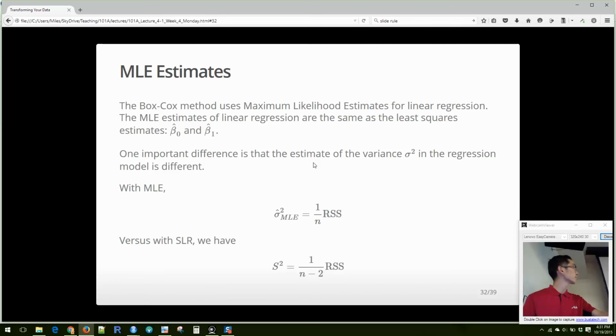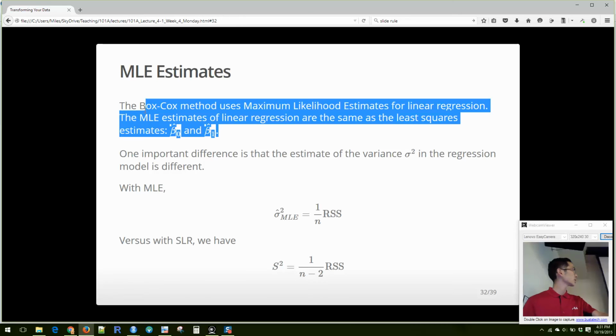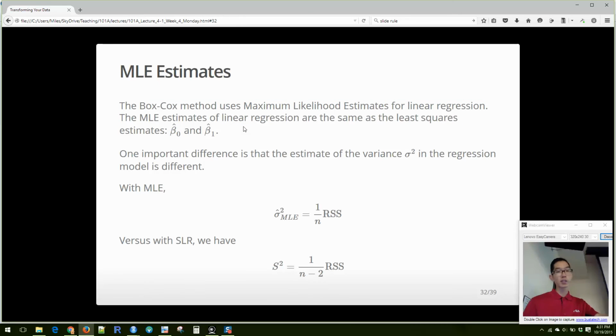Okay. It uses MLE estimates for it, and with maximum likelihood estimation, the linear regression estimates are the same as the least squares estimates. So MLE for linear regression, the way to maximize the likelihood is to minimize the sum of squares.